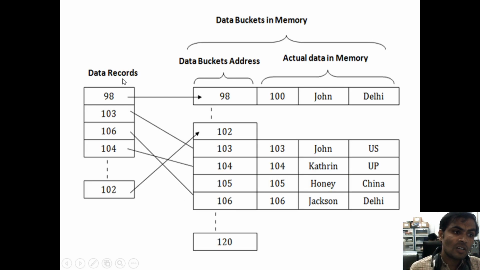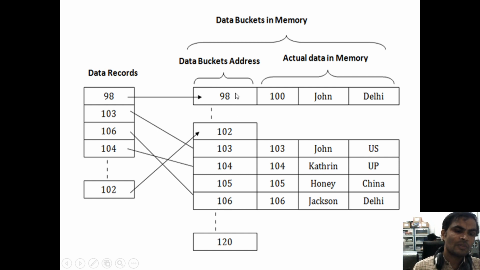The data record's unique value is created with the help of the primary key. The data bucket address is created with the help of the hash function: the value points to an address, and that address is generated by the hash function.